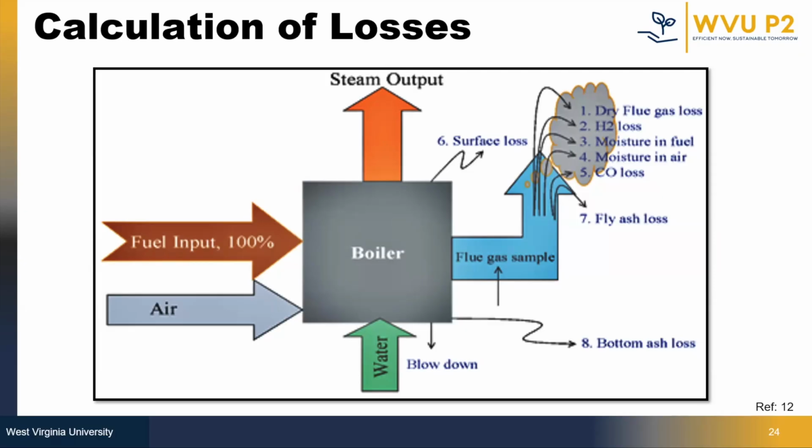Surface loss can be estimated based on the surface temperature and the surface area of the boiler. Bottom ash loss is only an issue when burning coal or other organic material, but quantifying the loss requires determination of the amount of bottom ash, carbon content of the bottom ash, and the temperature.